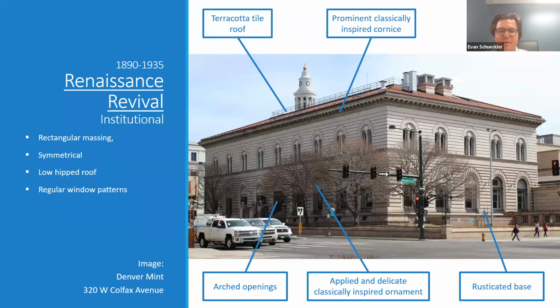And I also wanted to point out another really fabulous Renaissance revival example here in Denver, the Denver Mint. Again, it's a very flat surface, except for this really prominent cornice, and it's just a little bit of details around the windows and the texturing in the rustication of the facade.